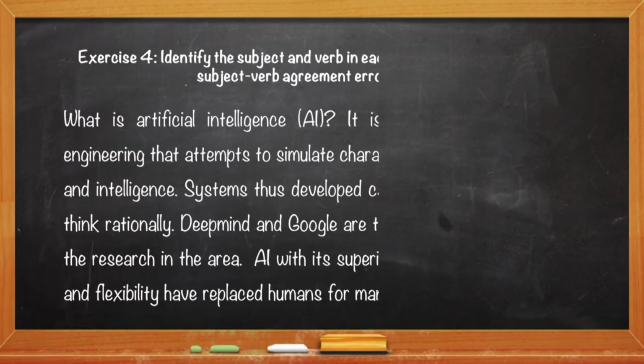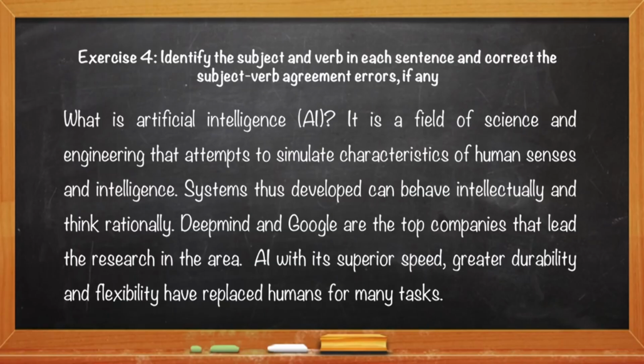Now, this is an exercise for you. Identify the subject and verb in each sentence and correct the subject verb agreement errors if any. What is artificial intelligence? It is a field of science and engineering that attempts to simulate characteristics of human senses and intelligence. Systems thus developed can behave intellectually and think rationally.